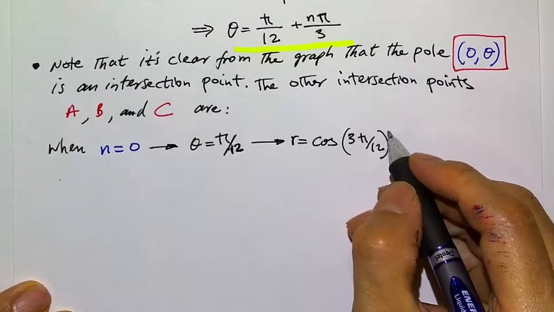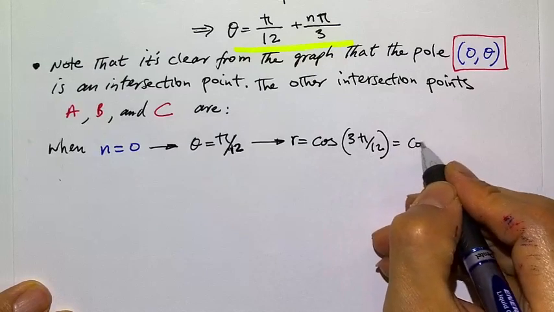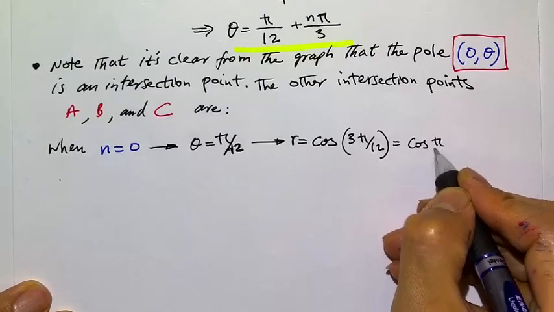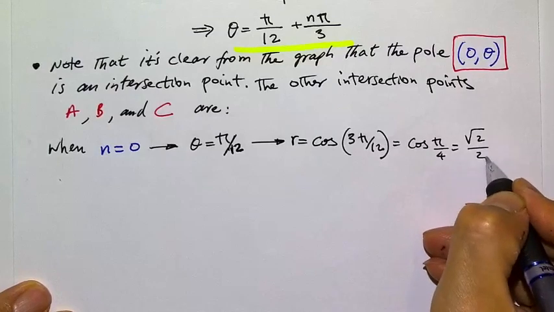So this is cosine of pi over 4. We know that is equal to square root of 2 over 2.